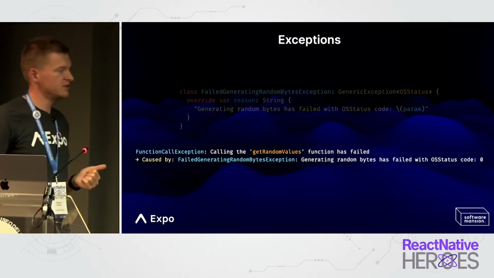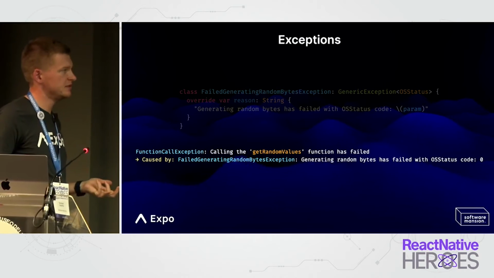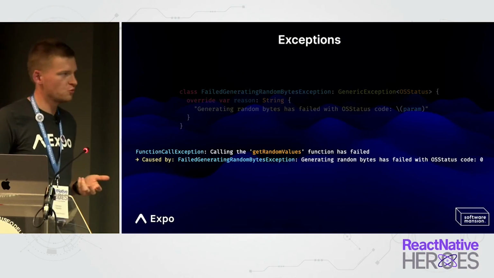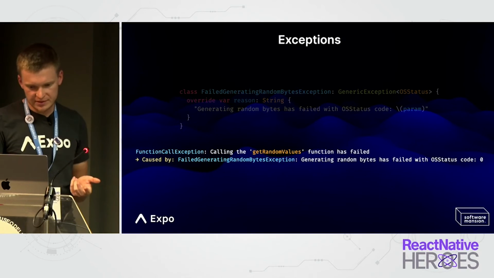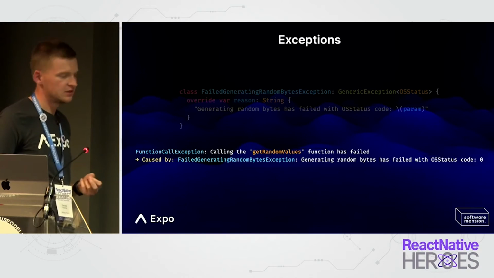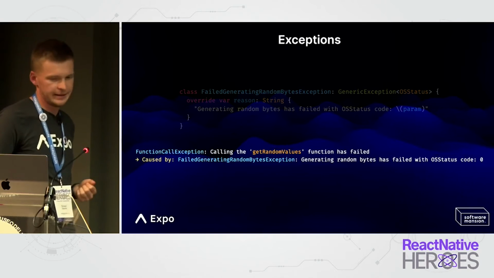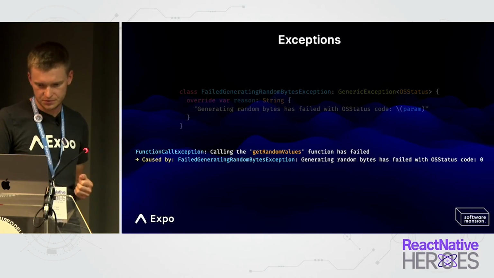In my opinion, it's pretty useful for debugging. You can immediately see what went wrong and where the error comes from. You can see all the exceptions that were thrown along the way down, so the root cause is always in the root error message.